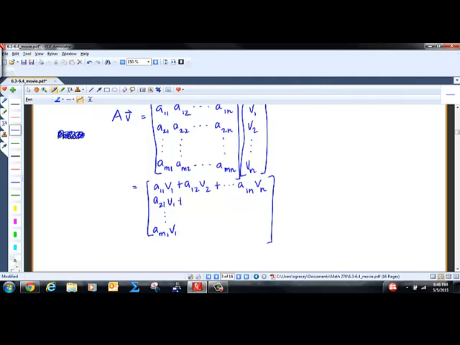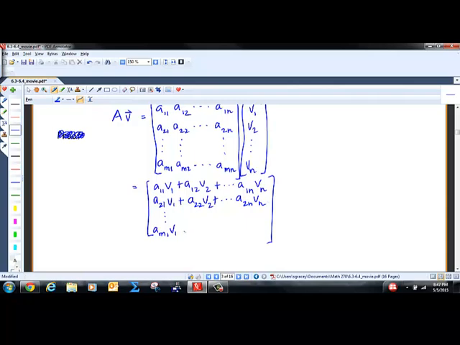And you still have these sums. So you'd have the next term be A21 V1 plus A22 V2 plus dot dot dot plus A2N VN.